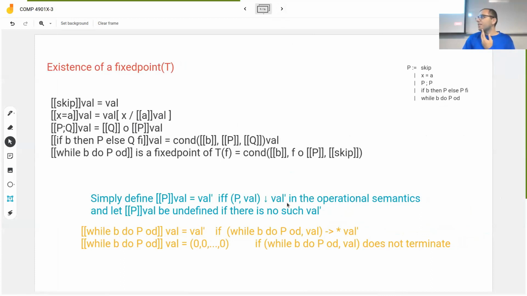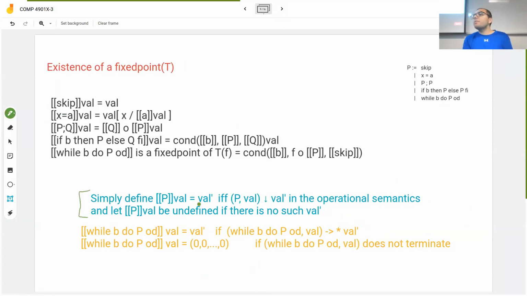It doesn't really make a difference. It's the same. Now, this is what we already did. So this is the correct thing to do, to say that the meaning of P applied to val is val prime if P val terminates in val prime, basically, in the operational semantics.